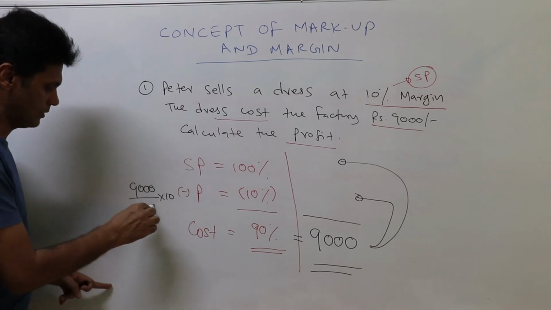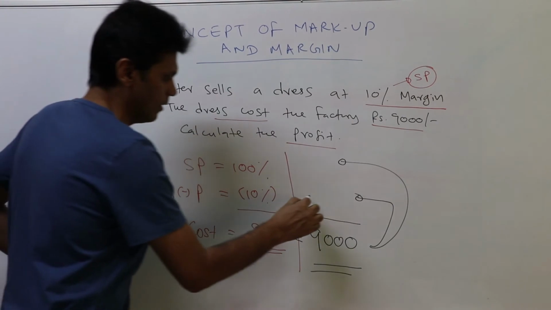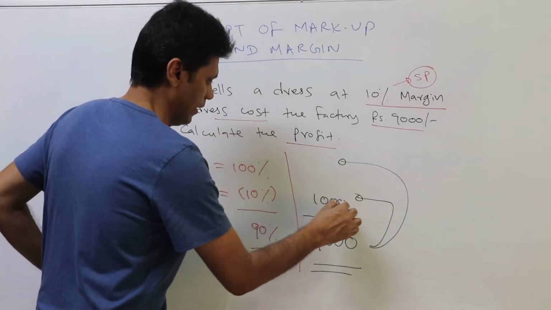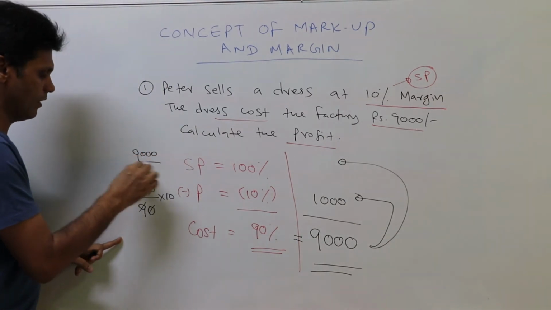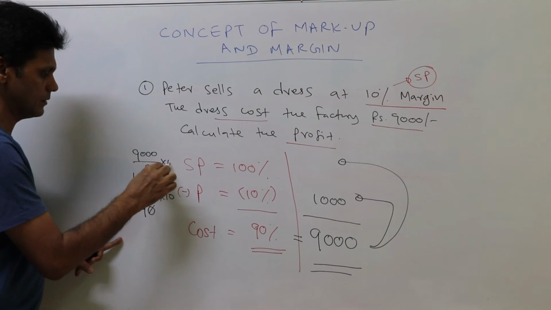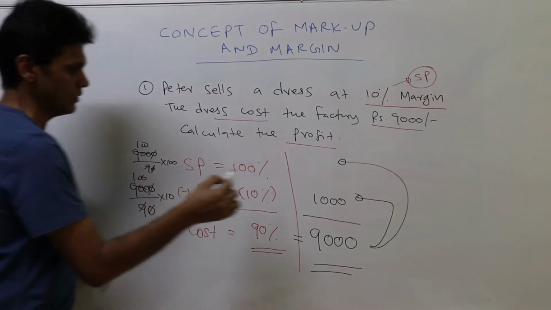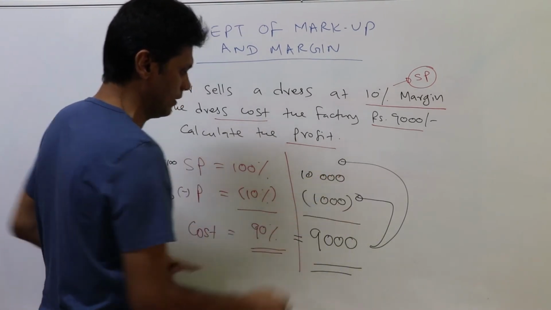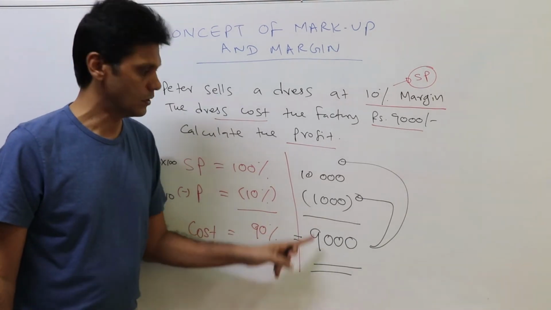That will be 1,000. Then 9,000 divided by 90 times 100 is 10,000. So 10,000 minus 1,000 is 9,000.